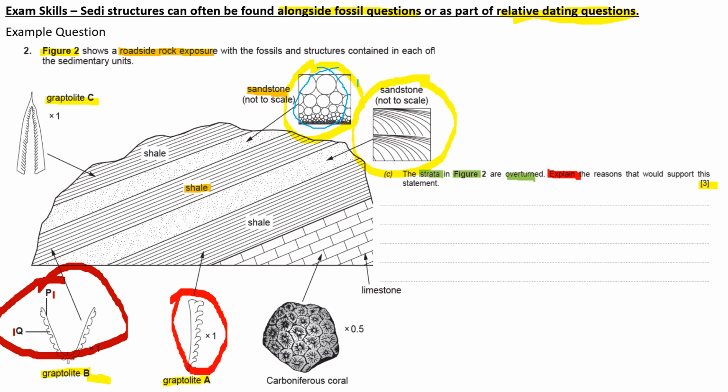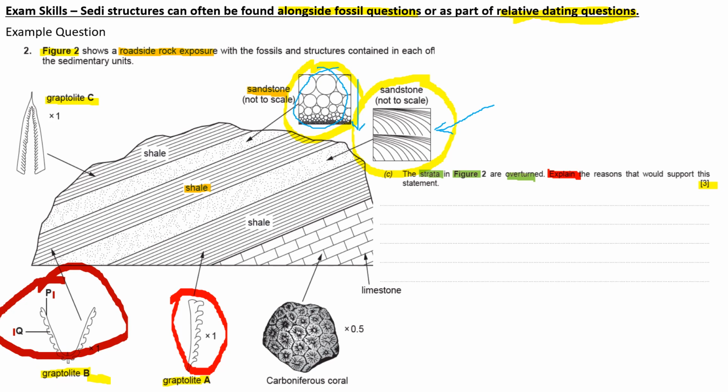It's grading in this direction. Okay, so the fine is there at the bottom. It should be around the other way. So that's clear evidence that it's the wrong way up. Now, does that support it as well? And what is this sedimentary structure here? Hopefully, you can figure that one out.